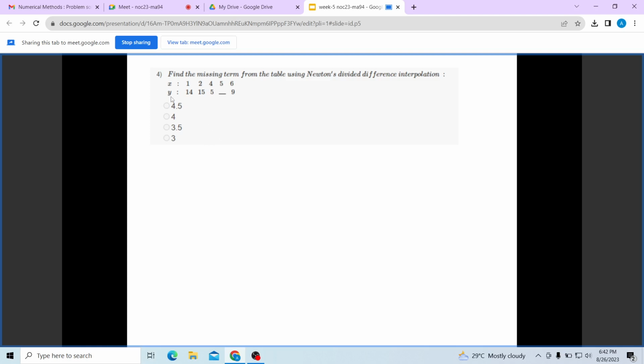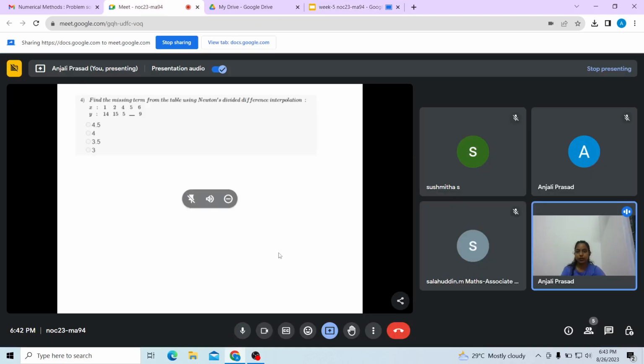So calculate the value of y at x is equals 5. Is it 4.5? Is it 4, 3.5 or 3? Just apply the Newton's divided difference formula as we did in the previous questions. Here you have 4 data points and you have to interpolate the value of y at x is equals 5. Solve it and tell me the answer.